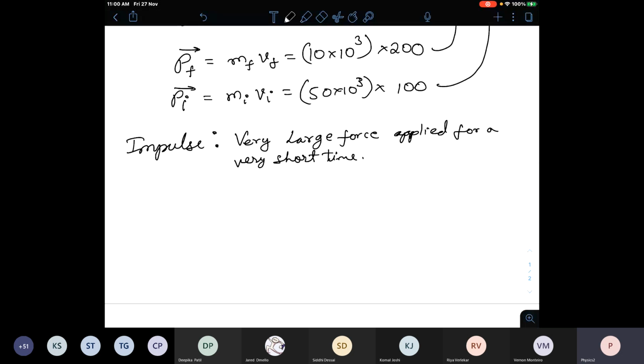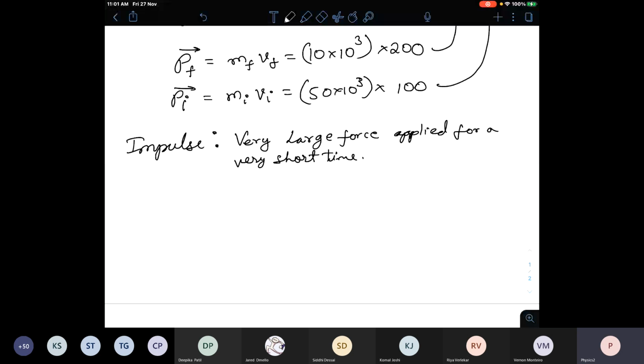If it had not applied some force, the ball would have broken the ground. To resist that breaking, the ground applied a force in the opposite direction. It pushed the ball upward, hence creating a change in momentum. In that very small amount of time, the ground created such a large force that the ball's momentum became opposite in direction.